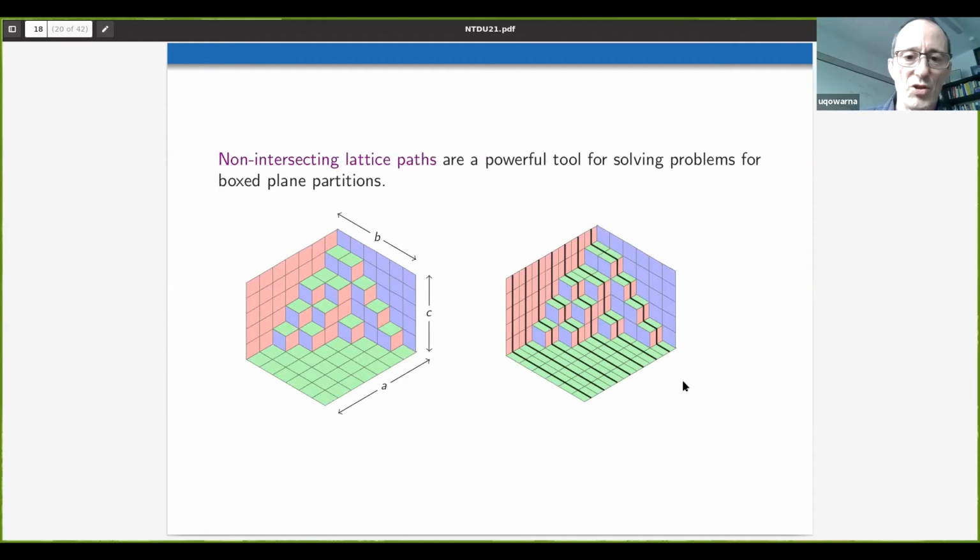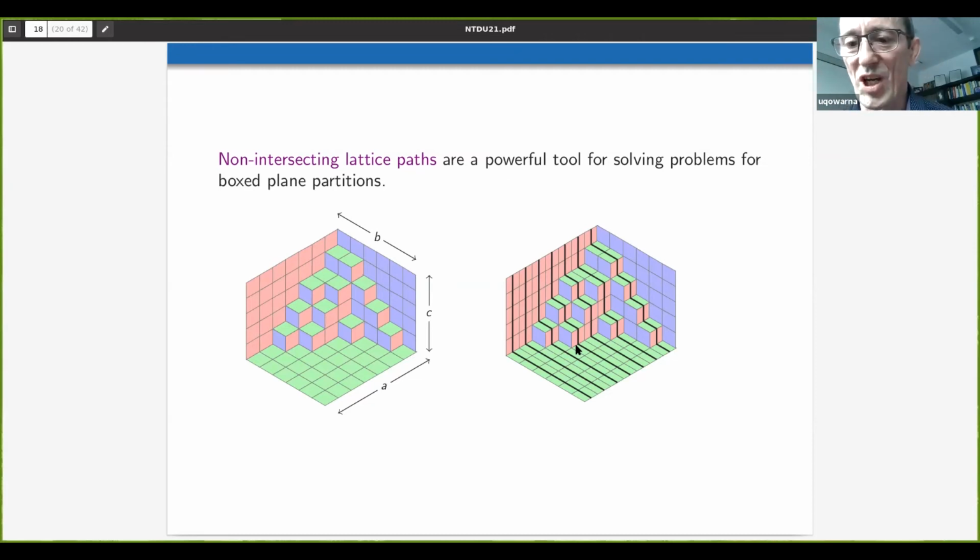So here's a picture of a box plane partition on the left, and I can simply draw these lines. I start at all these positions on the red at the top, and I just go down and follow the structure of the cubes. And so you get this selection of black paths that you see on the right.